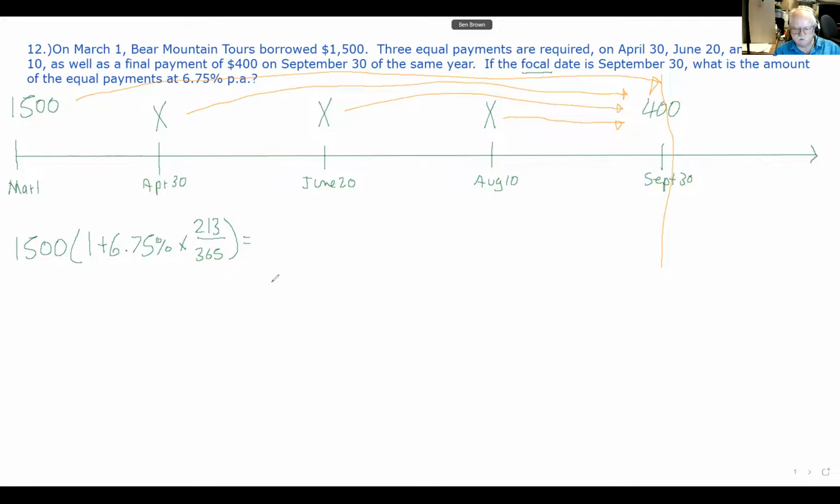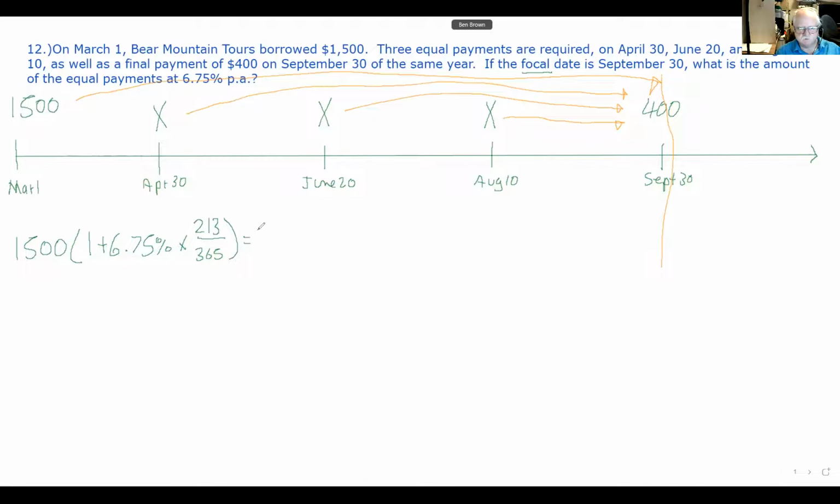Once we think it's 213 days, unless someone can convince me that it's not, we'll go 213 divided by 365 times 6.75% plus 1, and then times 15000. Ooh, get rid of 10.